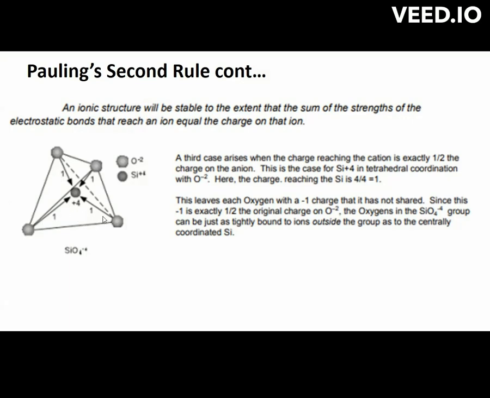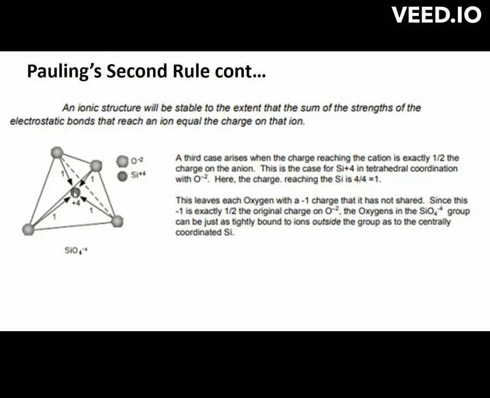So we've got a coordination number of 4, and remember SiO4 at the center, SiO4 to the power of -4. What about this one? First we calculate the coordination number, then the bond strength, the number of charges approaching this +4 charge.